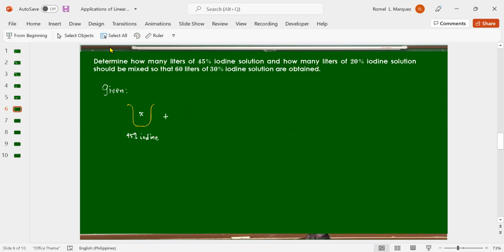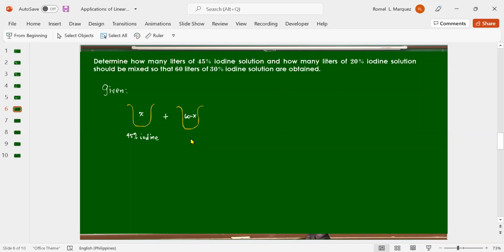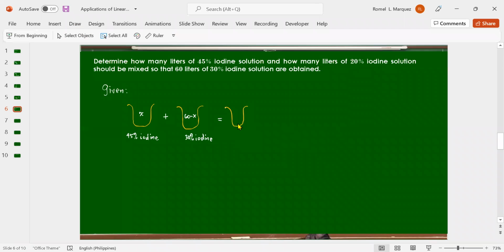So let's add another one. We do not know this amount, but there is a given total. What is the total, children? 60. So this is 60 minus X. Am I correct? So this is 30% iodine, to come up with an iodine solution that is 30%, but the total is 60 liters.